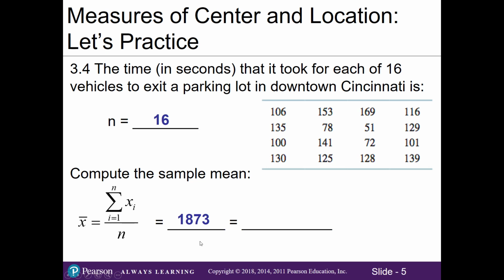In this case, the sample size is 16. Using my calculator, because I can't do this in my head, I'll determine that the sample mean, when dividing 1873 by 16, is 117.0625. Calculating the population mean is a similar process. The formula just looks a little bit different, but it's the same.